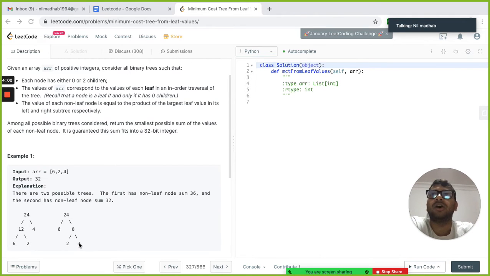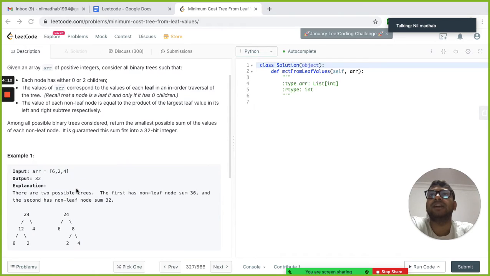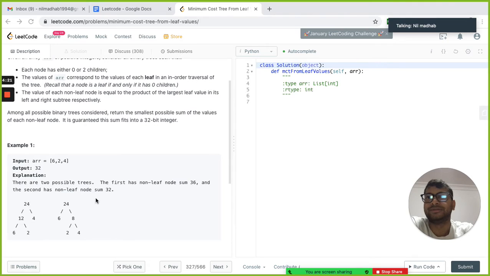So among all possible binary trees considered, return the smallest possible sum of values for each non-leaf node. It is guaranteed that the sum fits into a 32-bit integer. So we have to generate the smallest possible sum of values for each non-leaf node. Like for this 6, 2, 4, we have to make it 12 and we have to make it 24, right? Because we cannot do better than that.